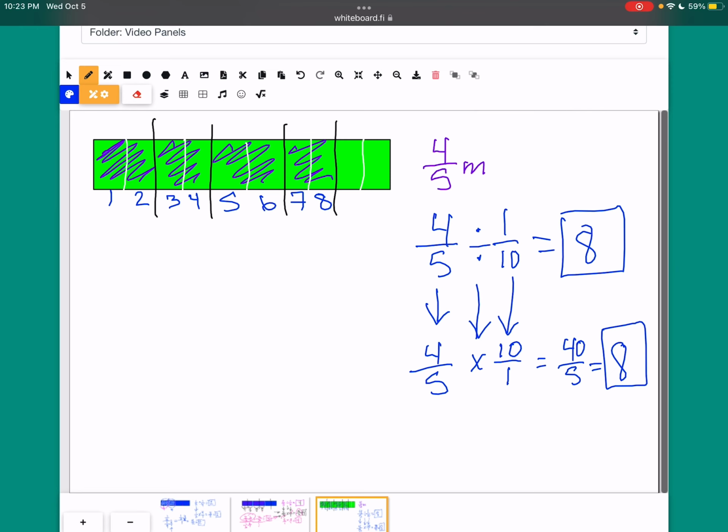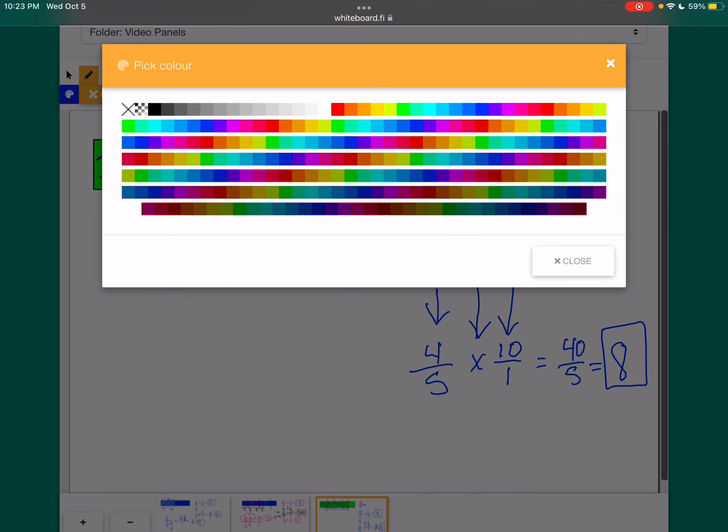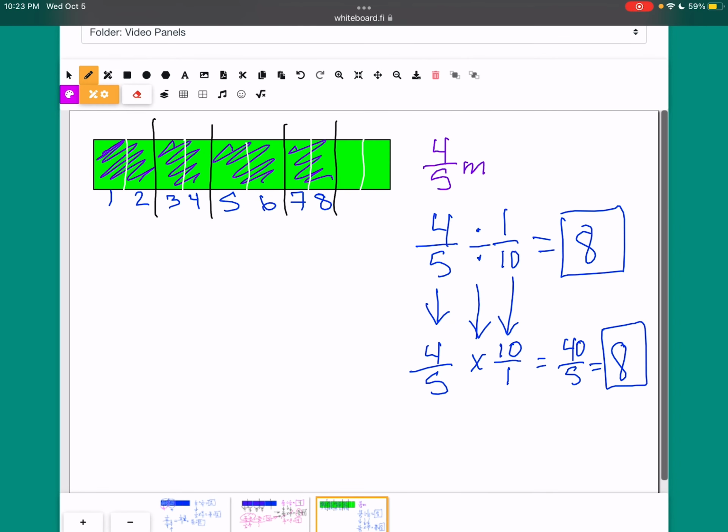Now, I could always have simplified this, and let me do that for you. 5 goes into itself once, and it goes into 10 twice. And if I multiply across numerator and denominator, I get 4 times 2 is 8, and 1 times 1 is 1, and that would be 8/1. Which would also be 8.